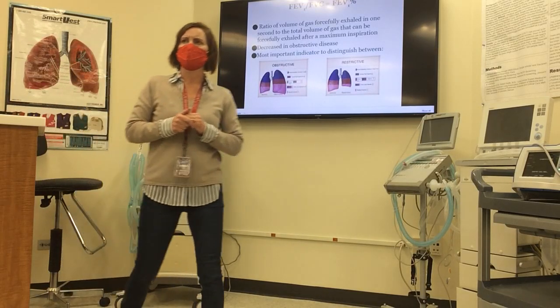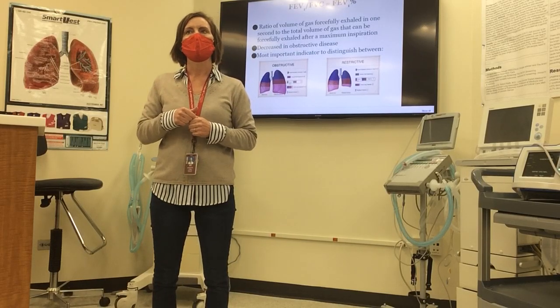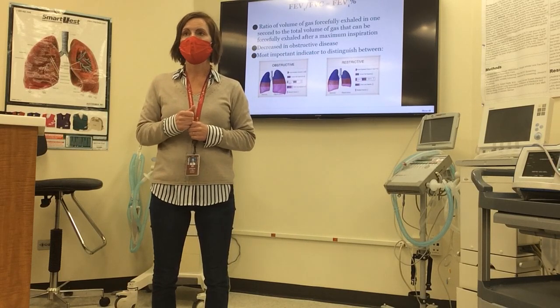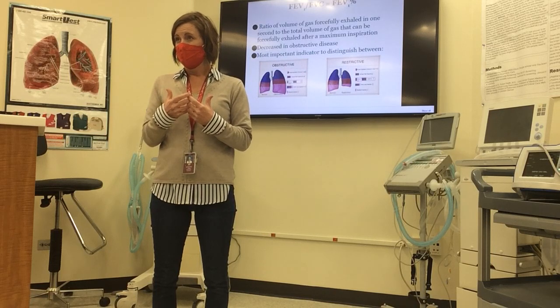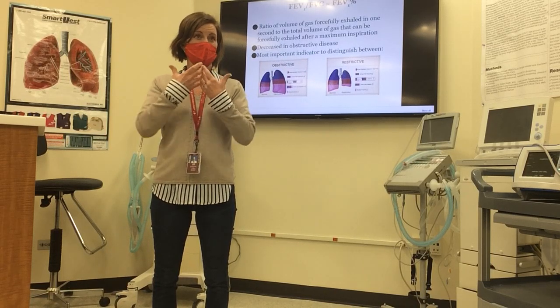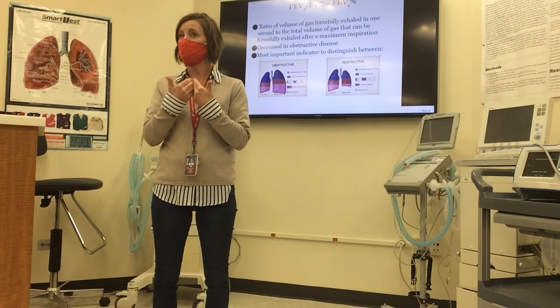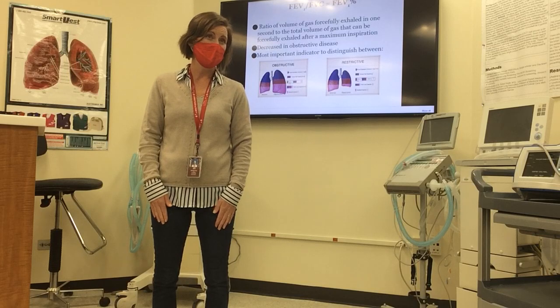So let's think about that. This ratio would be normal in restrictive disorders. When we have restriction, we learned that our compliance is really stiff, right? So it's really hard to take a big breath in, okay? And especially if we have an anatomical restriction, we really couldn't take a big breath in, could we?